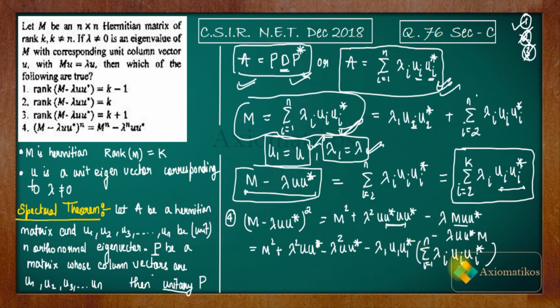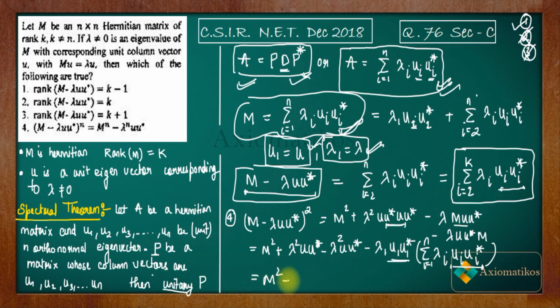Now you know that ui star is a space with dimension 1, and for every i not equal to j, ui star is orthogonal to uj star. It means that u1 star will be orthogonal to every i which is not 1. Got it? So the product of them will be 0. So what will be left? Only the first term will be left. Everything else will be 0 if you multiply.